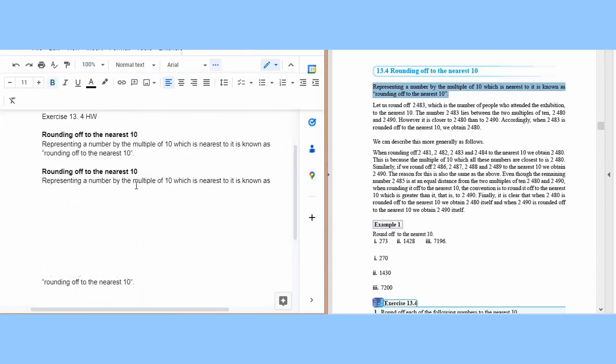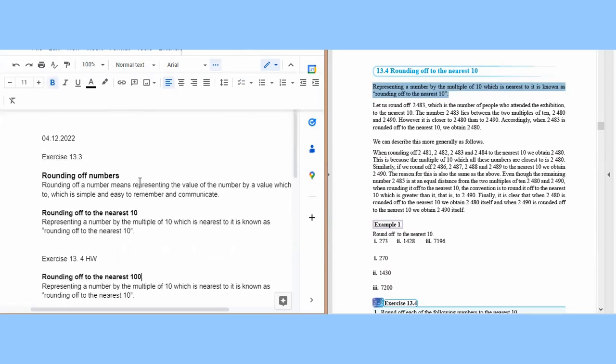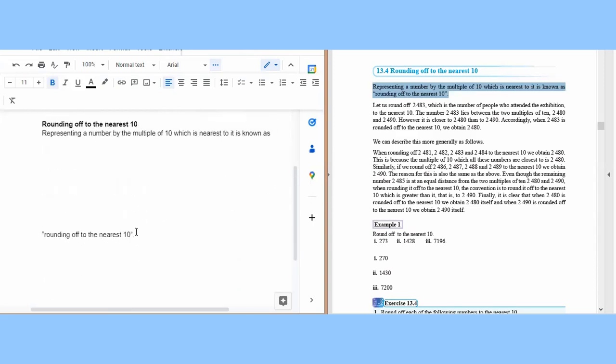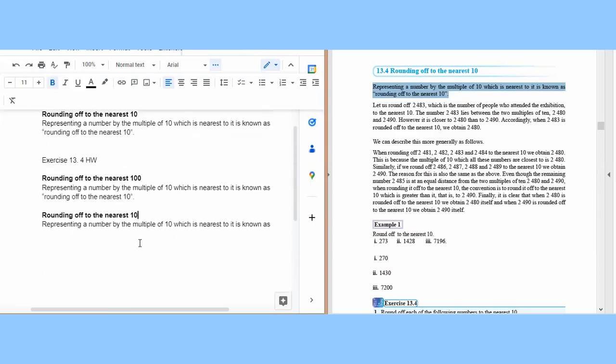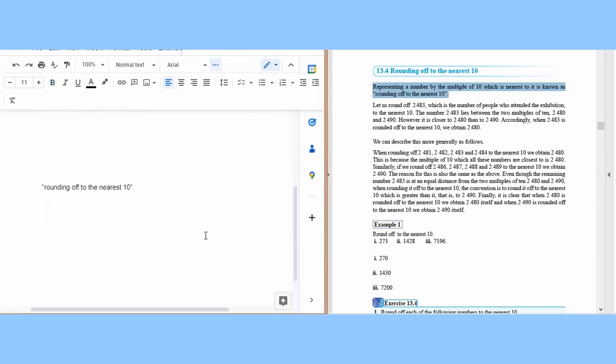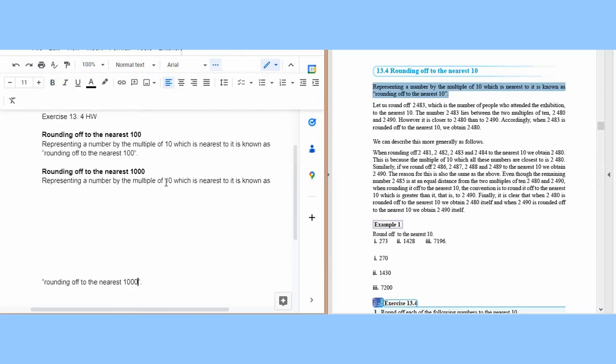For nearest 100, representing a number by a multiple of 100, which is nearest to it, is known as rounding off to the nearest 100.